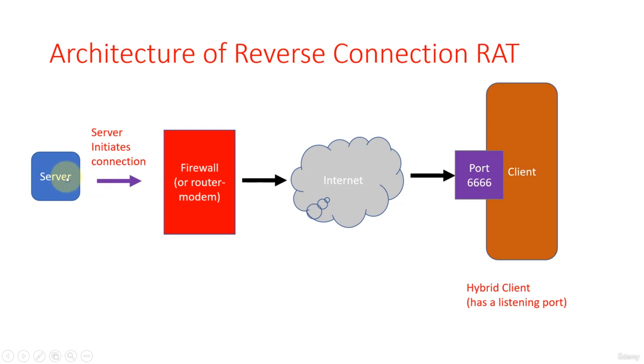So if the RAT in the server is going to reach out and penetrate the firewall, if you are going out to port 80, it will go through easily. So that's why we will use port 80 for production RATs, for production clients. But for purposes of this instruction, we are choosing port 6666.